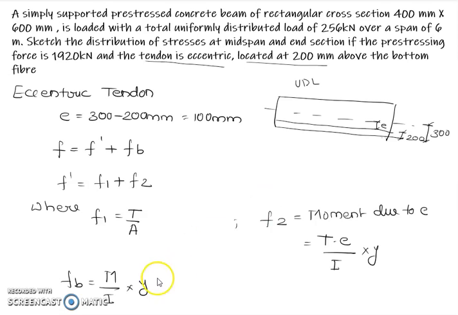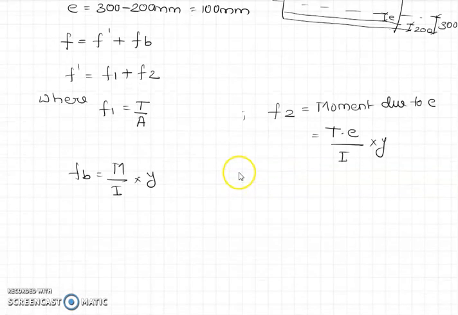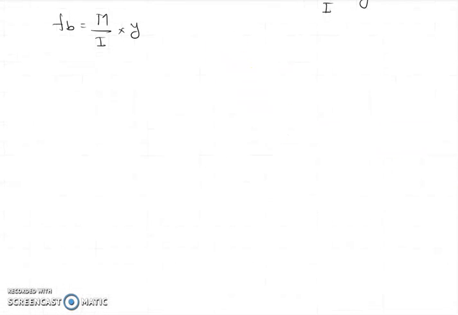So let us start solving this numerical. Considering E we have already calculated, that is equal to 100. So first we will find out what is F dash, which is equal to F1 plus F2. F1 is nothing but T by A. T we have already calculated in the previous equation.